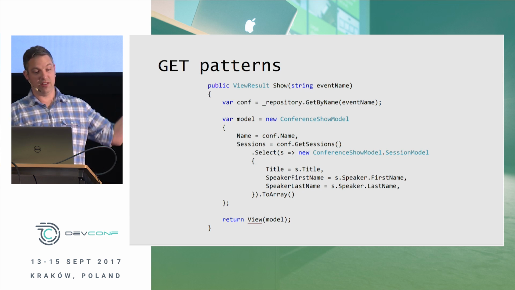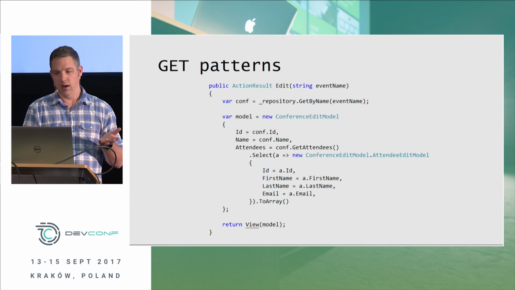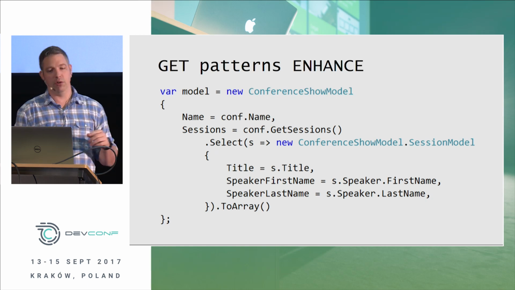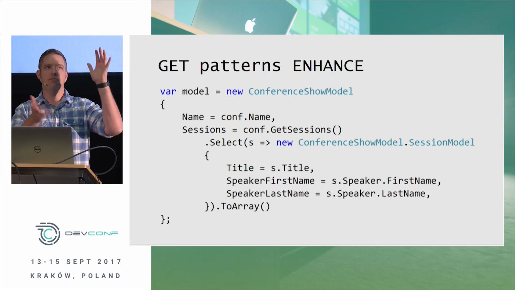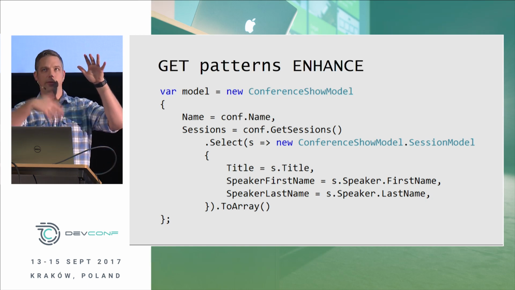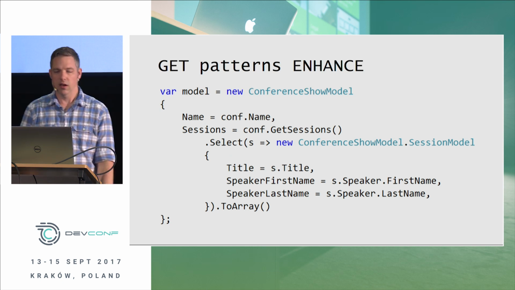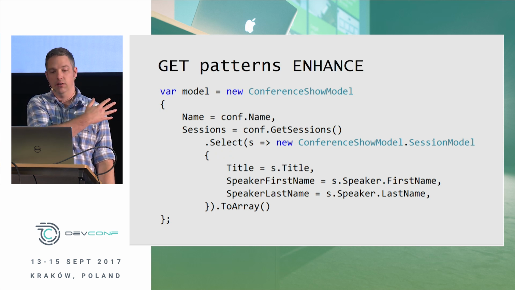Sometimes it was a simple projection like we have here. Sometimes it could be more complex. But the big deal was I always had this going on, which was building out a model, projecting information from a more complex model into this individual one. Originally, there were no patterns in place around what this DTO looked like.